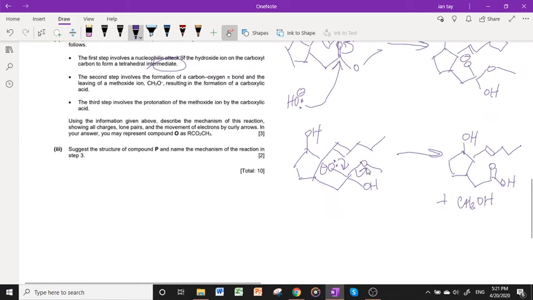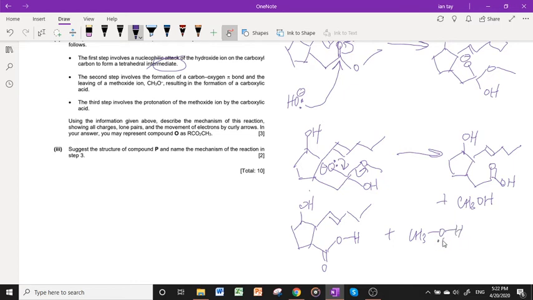Okay. Protonation of the methoxide ion, so it's very simple. Sorry. So the methoxide ion deprotonates the carboxylic acid.